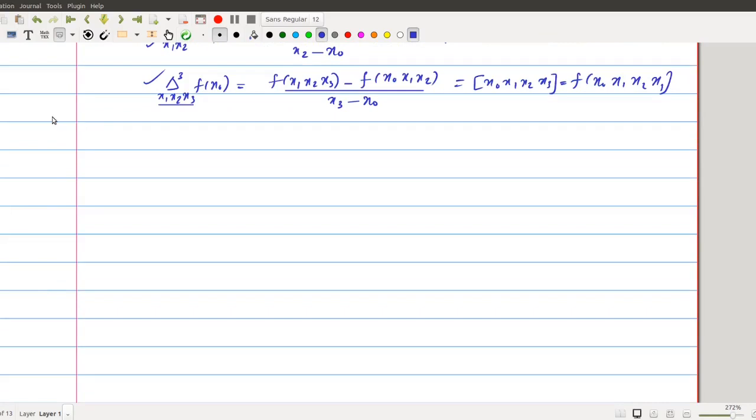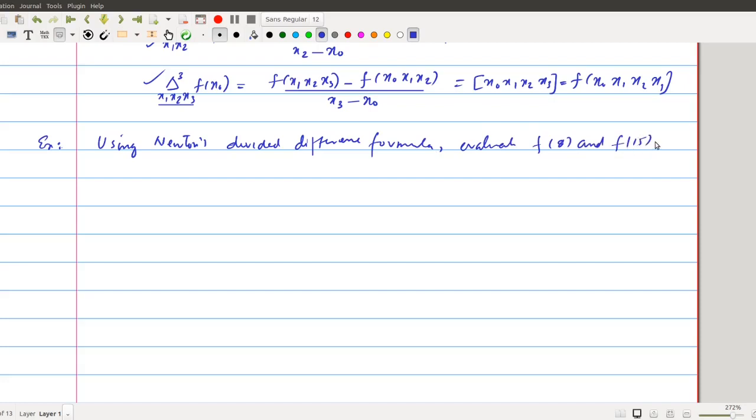So that is our example. Using Newton's divided difference formula, evaluate f of 8 and f of 15. We have two questions, f of 8 and f of 15.